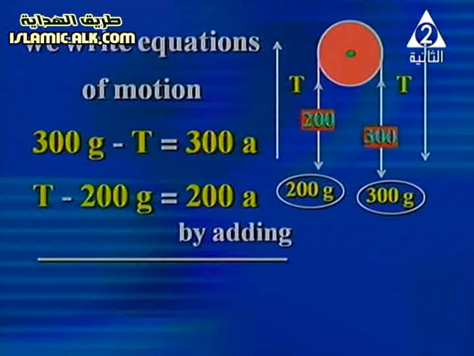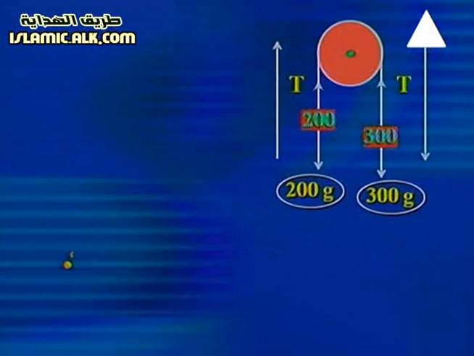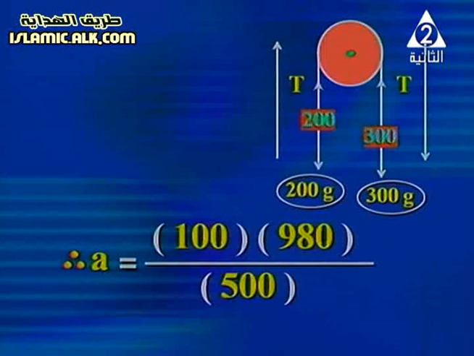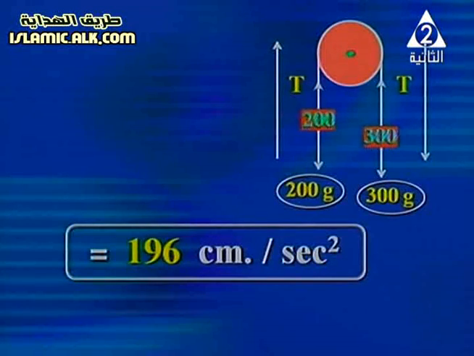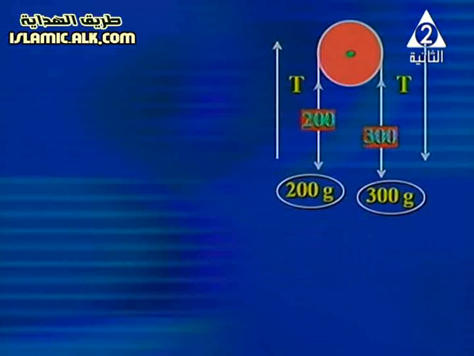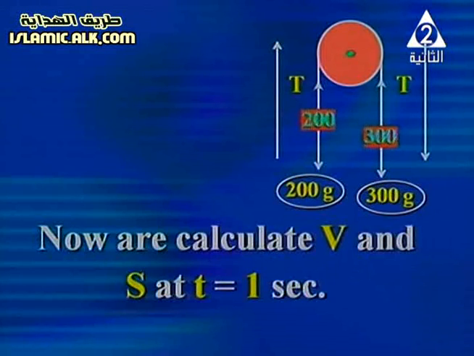By adding, 100g equals 500a. Then by substitution of g equals 980, we find the value of a: 100 times 980 over 500, so the acceleration is 196 centimeter per second squared. After that, calculate the velocity and the distance at time equals 1 second.